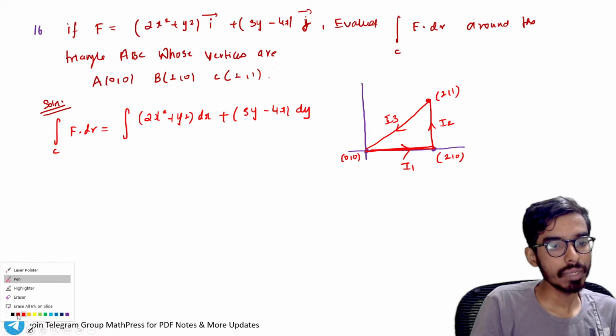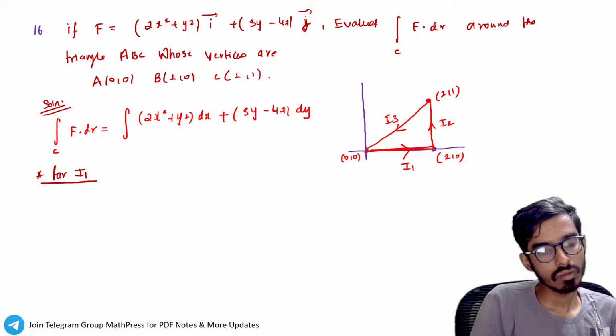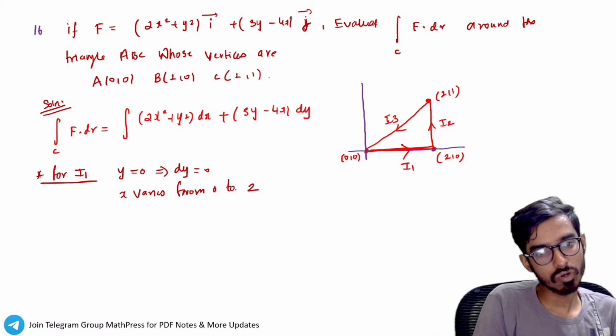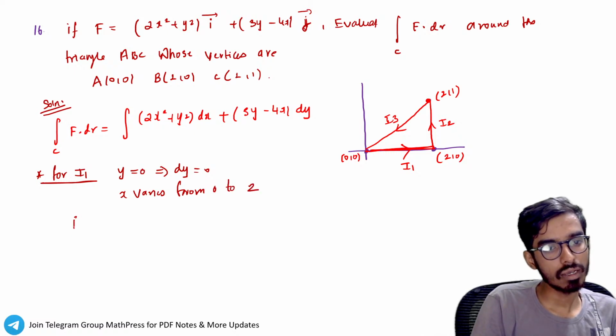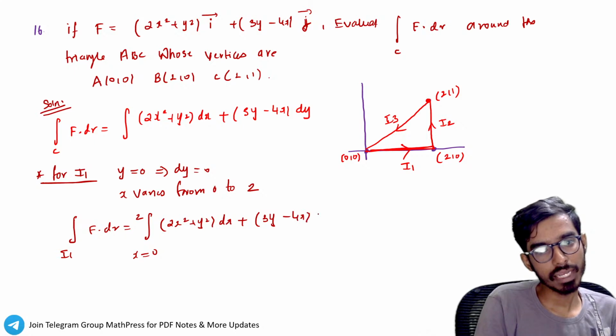Now we'll do one by one. For I1, we have y is equal to 0, that means dy is 0. x varies from 0 to 2. Therefore, the integral over I1 of F dot dr will be x varying from 0 to 2 of 2x square plus y square dx plus 3y minus 4x dy.